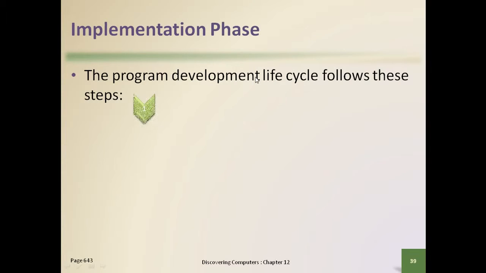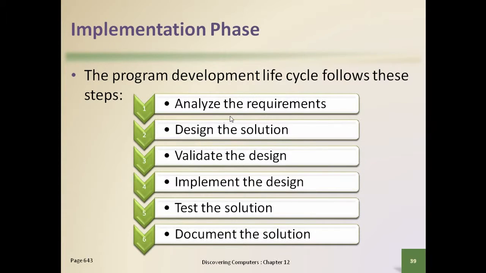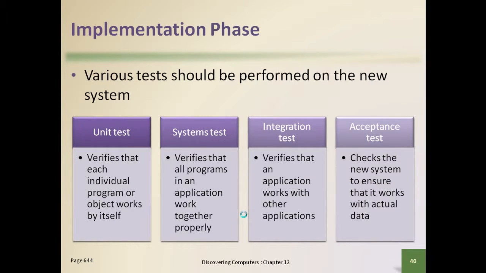The program development life cycle follows these steps: analyze the requirements, design the solution, validate the design, implement the design, test the solution, document the solution. Next.